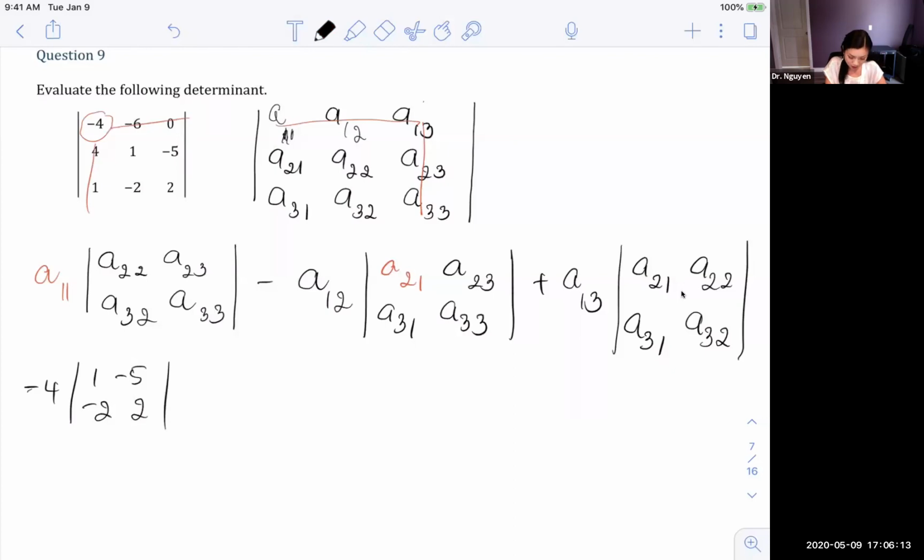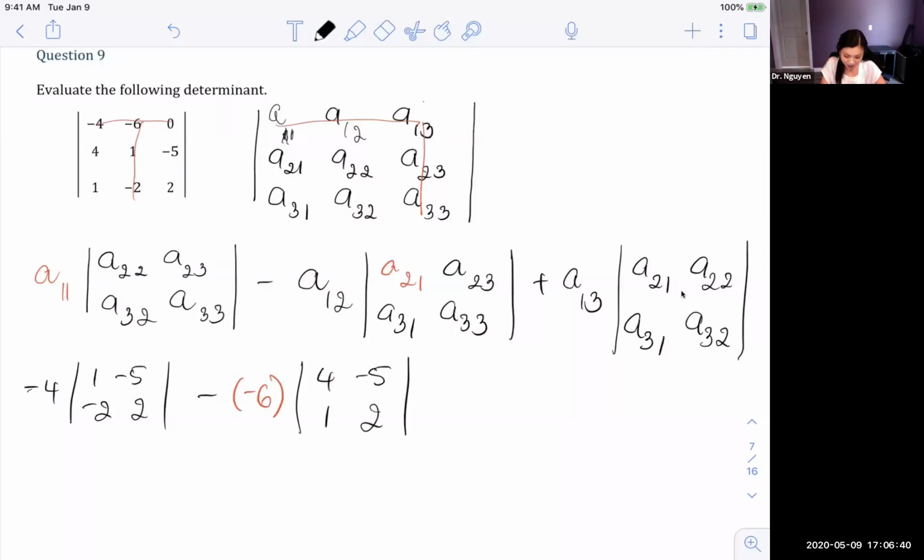And then the next one we have minus. And what are we going to do? We're going to cross this one and this one. So we have a -6, right? And then I have 4, -5, 1, 2.